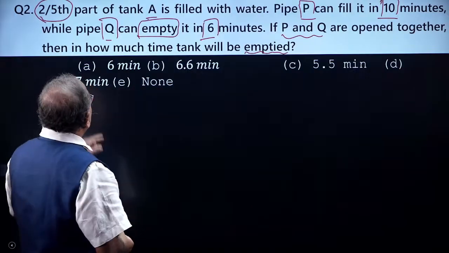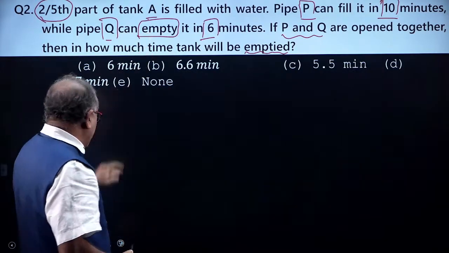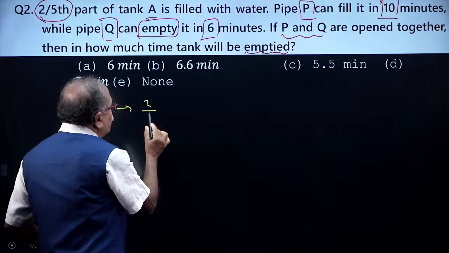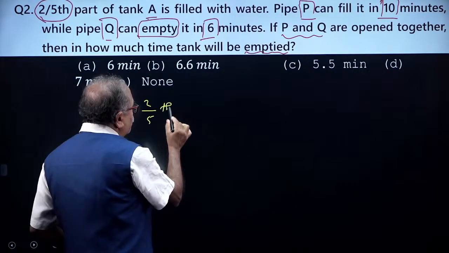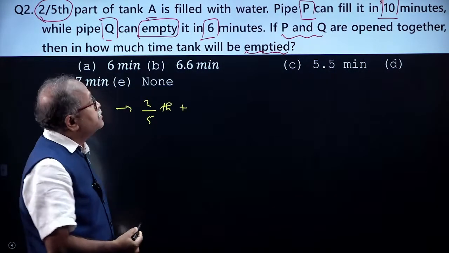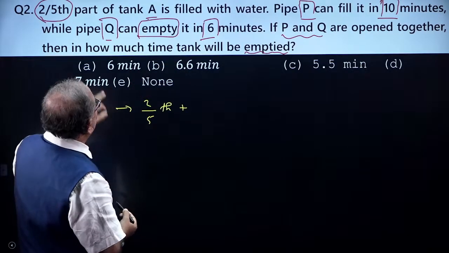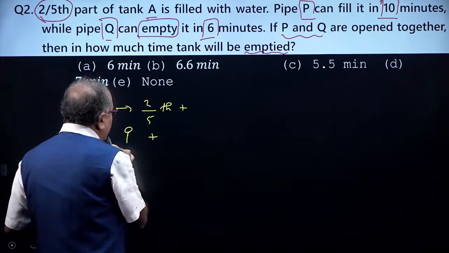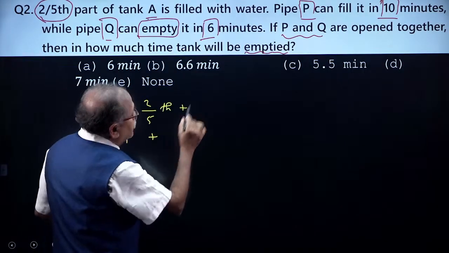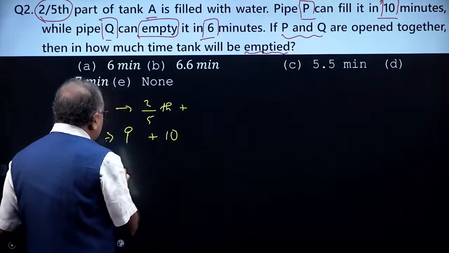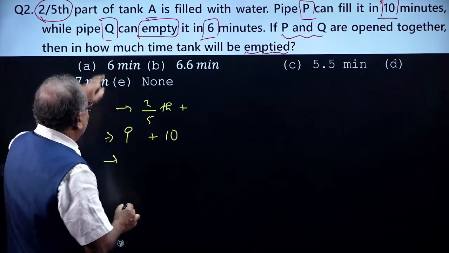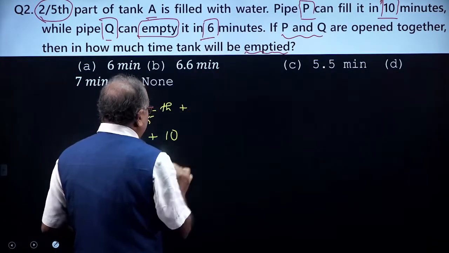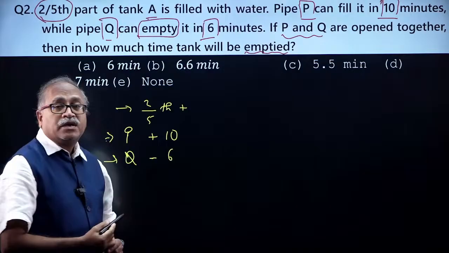You understand that 2/5 part is filled. So what information do we have? 2/5 is filled. Pipe P fills the tank in 10 minutes, that is plus, and pipe Q, minus, empties the tank in 6 minutes.